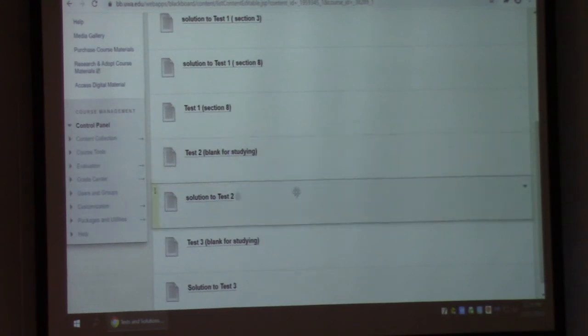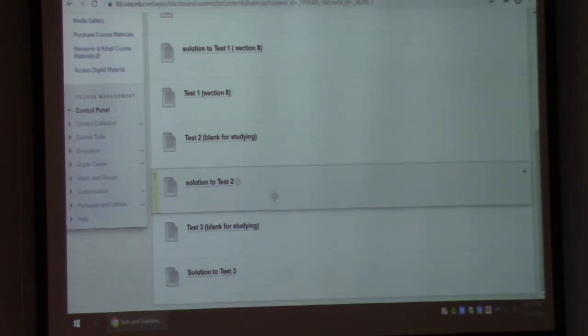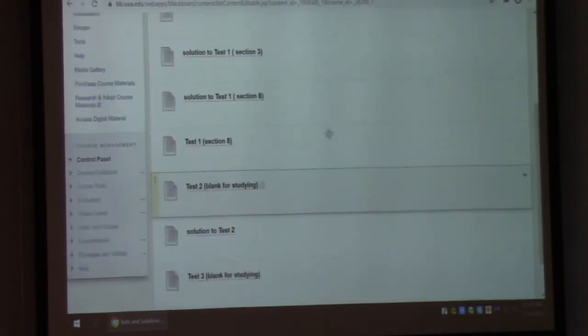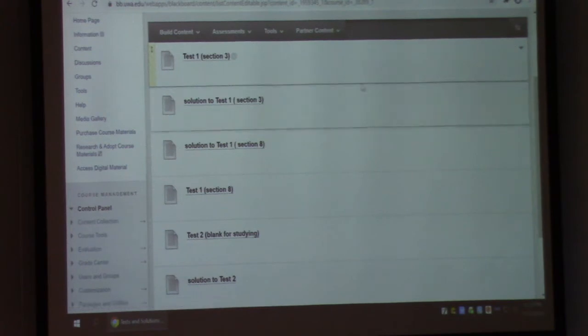I also have an alternate version of test 3 I'll be posting the solution to sometime soon, so that would also be relevant. And of course, quizzes 1, 2, and 3, and obviously also the homework which has been thus far assigned, that would also be worth looking at. But my priority would be with questions that are already on the test.